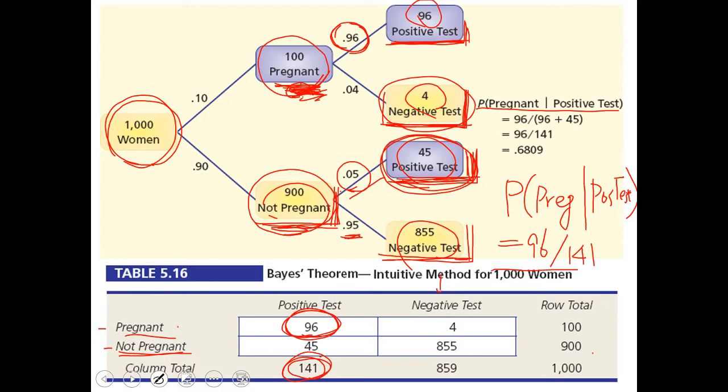That is the conditional probability that the woman is pregnant given a positive test, which is 68.909%. Okay? So that is the answer.